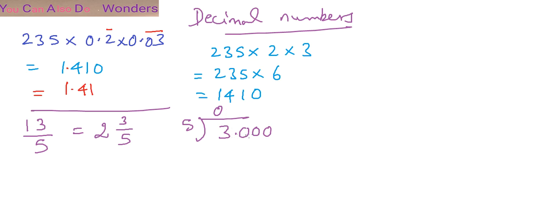But we are taking the next digit after the decimal point, so we need to place a point in the quotient. So 30, how many times 5? 6 times. So we got remainder 0. So it is 0.6. So what does it mean? 3 by 5 is 0.6. So this can be written as 2.06.